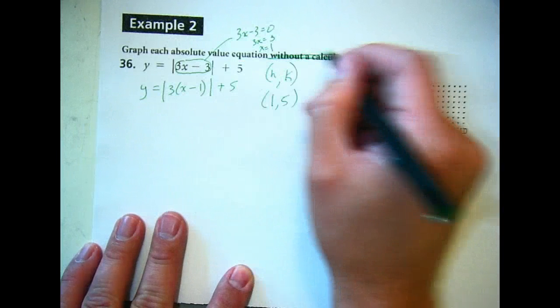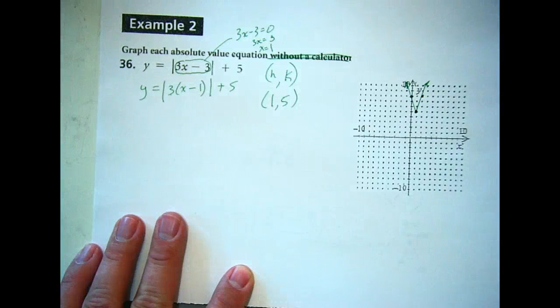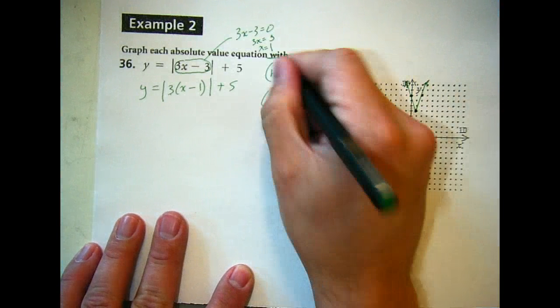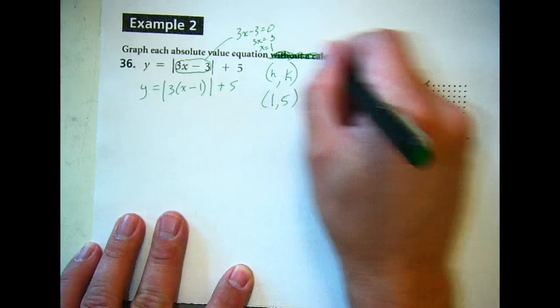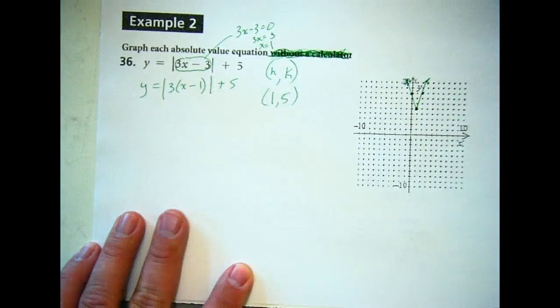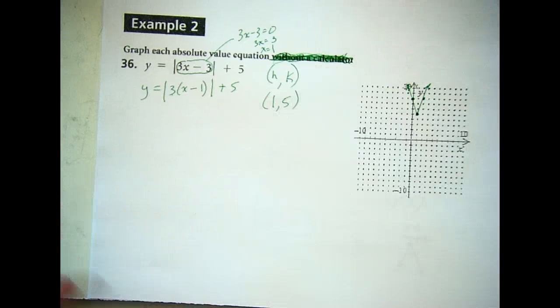It should say without. On yours it says with. On mine it says without, but you guys need to not use a graphing calculator, so I'm just crossing that out to show you. On yours, cross out the calculator piece. You need to not use your graphing calculator. Do it by hand.